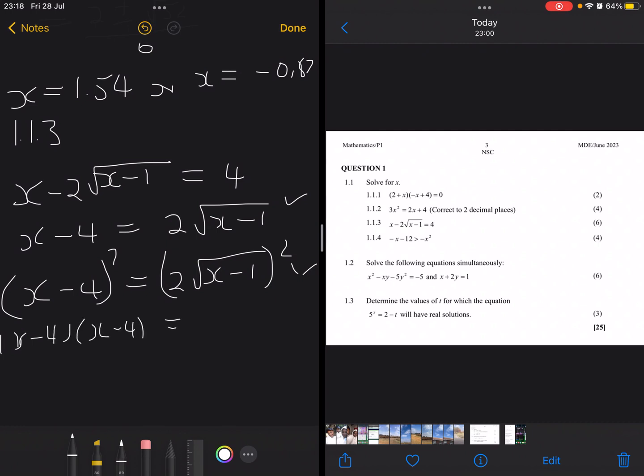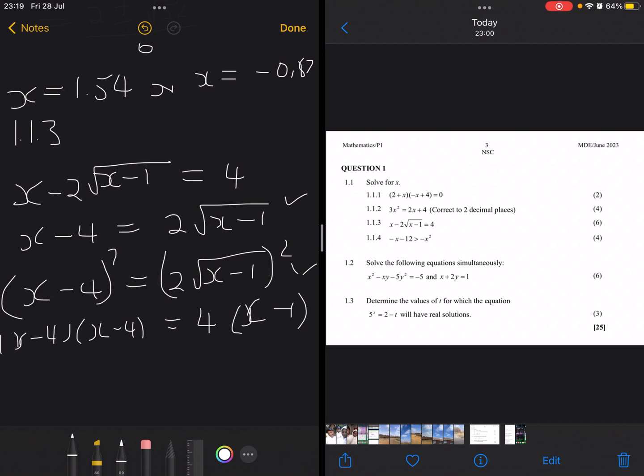which is equal to. Now another mistake that most learners will tend to do is that they will remove this square root but forget to square up the 2 in order to get 4 multiplied by x minus 1.